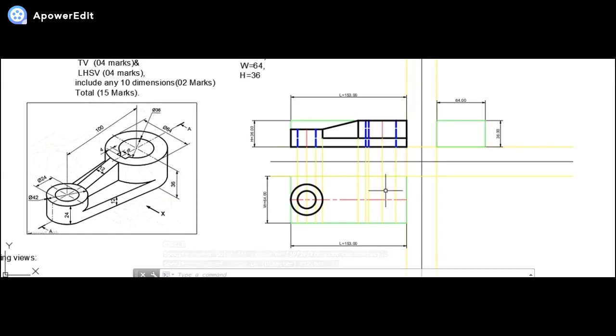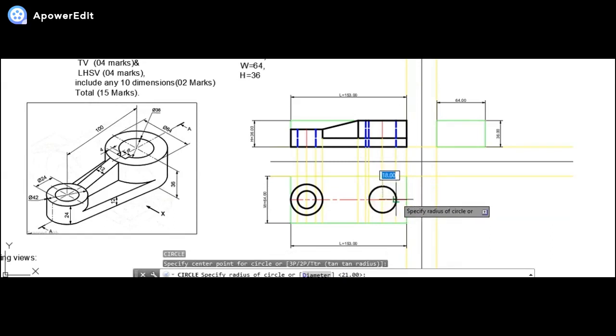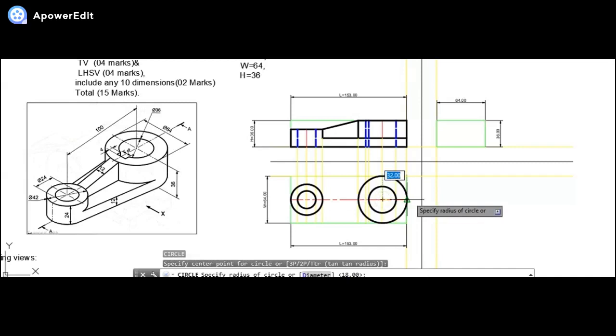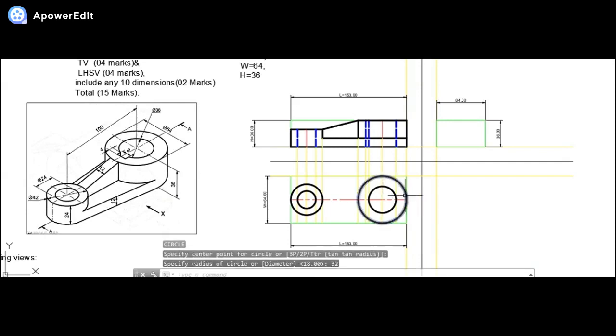Once we are done with this, I can get these over here. So from here, at a distance of let me say 36, the radius is 18. Again over here from this, if I see it is at a distance of 32, dia is 64, so radius is 32. So I got it like this.